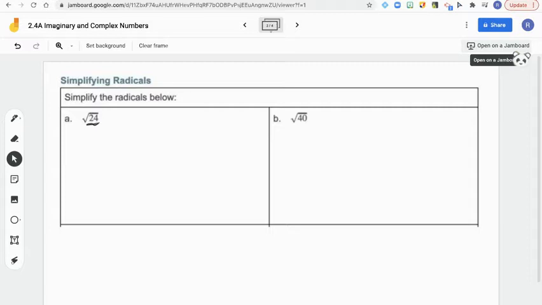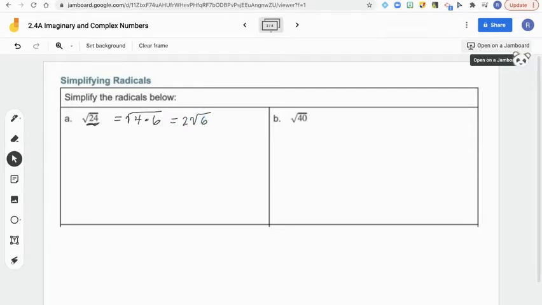So I know that this number, 24, I could break it into 4 times 6. The reason I did that is because I know that 4 is a perfect square, and the square root of 4 is 2, and so we'll end up with 2 times the square root of 6.